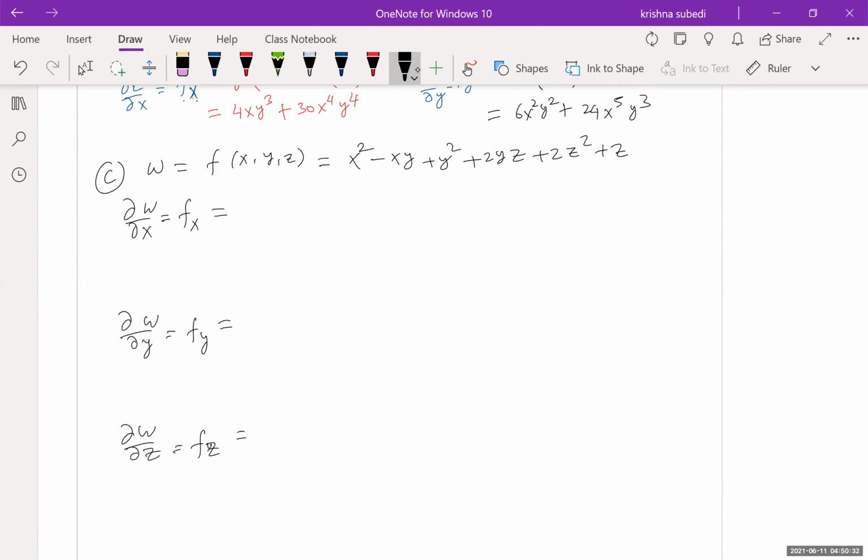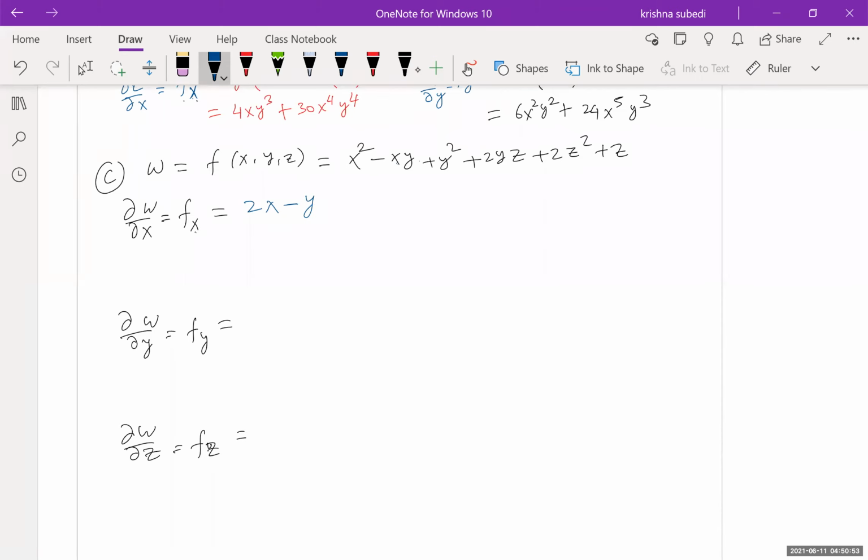Now, if you want to consider x as a variable, then y and z will be constant. So let me just write it down. X squared, because we treat x as a variable in the first case, the derivative is 2x, minus xy, y is constant and the derivative of x is 1.